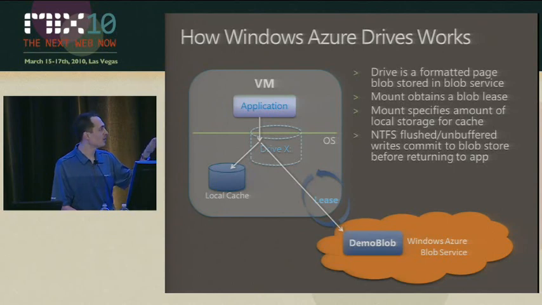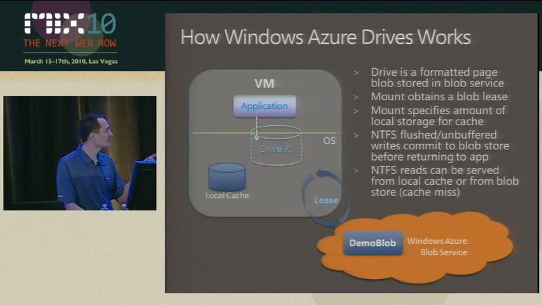So all flushed writes to the drive are made durable to the page blob before returning success to the application. Now, when doing a read, we first check the local cache. If the data isn't found there, we go to the blob service, return it to the application, and also update the cache. So on subsequent reads, if you get a hit in the cache, you can just return it to the application without having to go to the blob service.